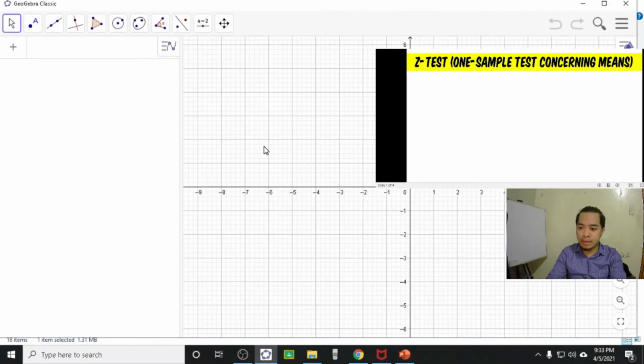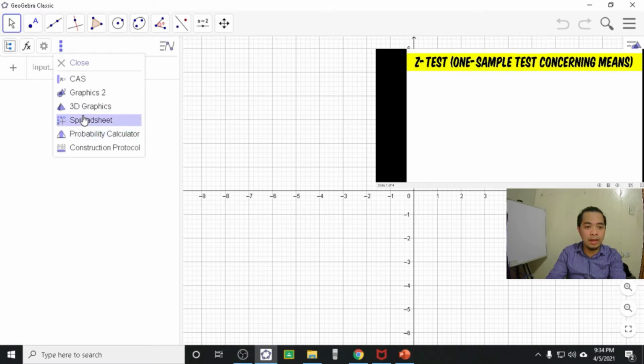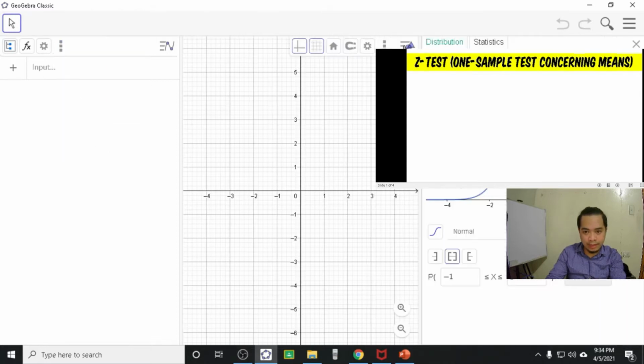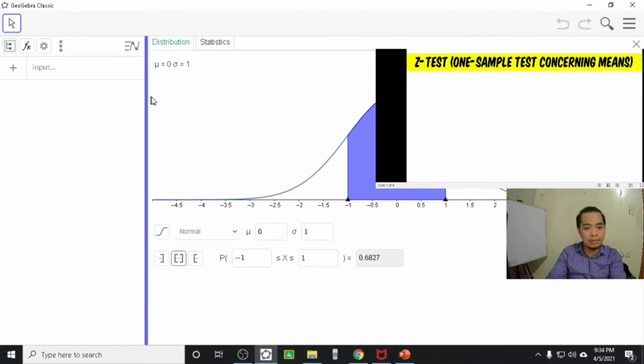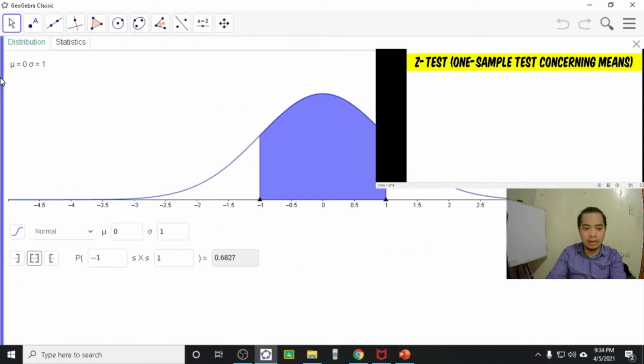Again, the probability view can be accessed by clicking probability in the right part of our window, or you can click these three dots or three squares, and we can also find this probability view. Let us first remove this one. Let's close it. Do we need the input bar? I don't think so. So let's close this one also, or we can just slide it here.